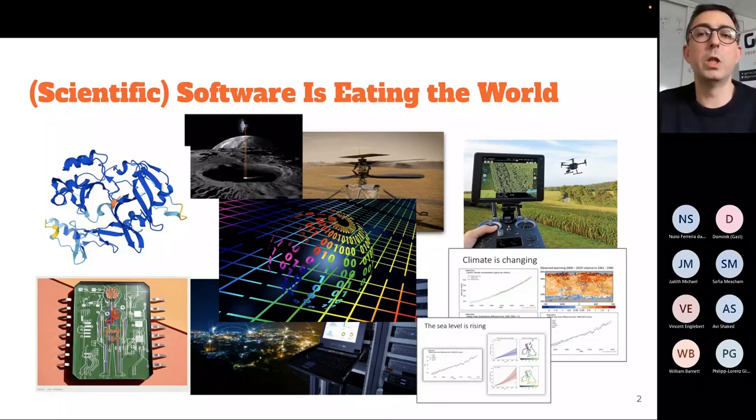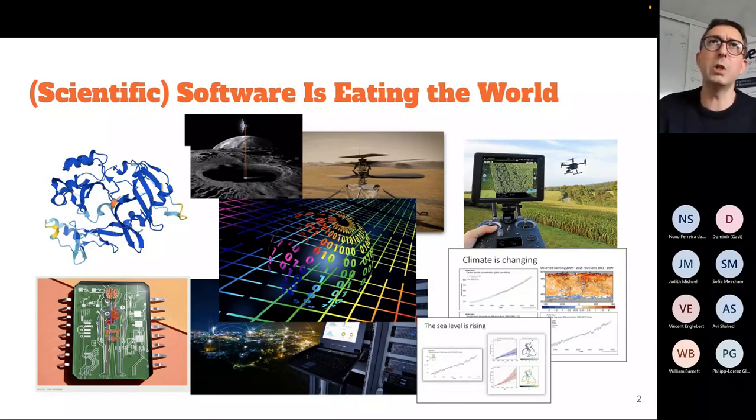For example, we did a lot of scientific computing related to COVID-19. We are doing a lot of scientific computing for understanding, or trying to understand, some phenomena related to climate change. So there are many areas in science where we use scientific computing. But scientific computing is not only for science, not only for understanding natural phenomena.